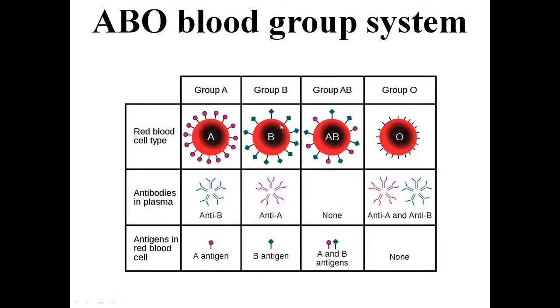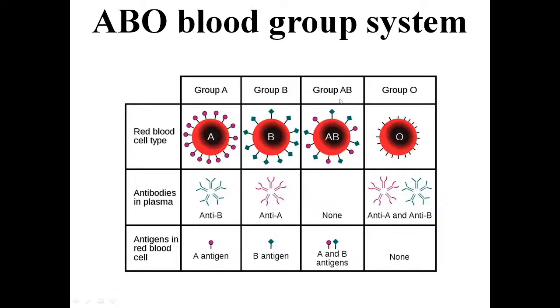The patient with group B has B antigens on the erythrocyte membrane, and in plasma this patient has anti-A antibodies.